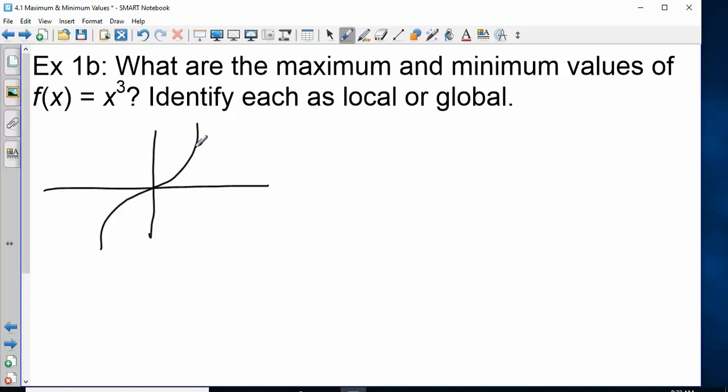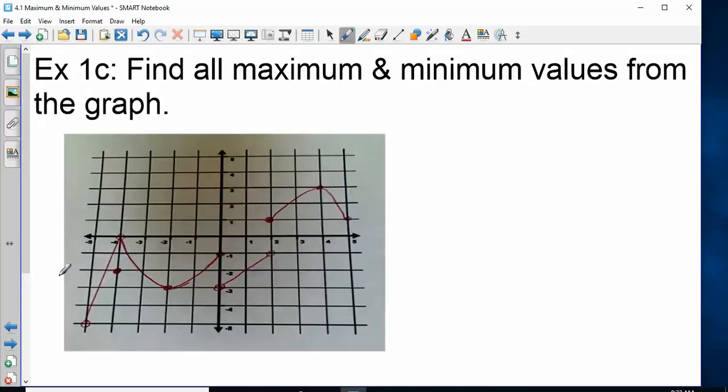So what does that have? Nothing. Let's look at a graph. I apologize, this graph is really hard to see on here.